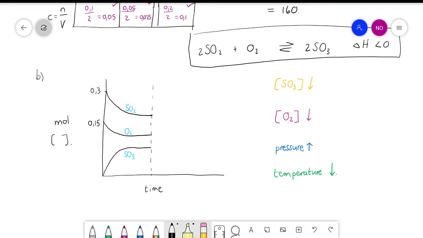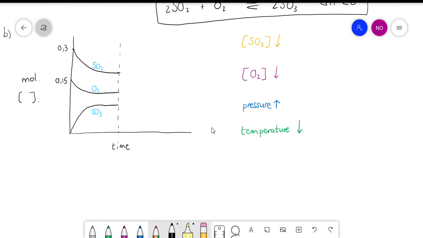Before we start, the shape will always be one of these. When a reaction is favored, this will happen: it will increase and then reach a new equilibrium. When the opposite direction is favored, then this will happen.